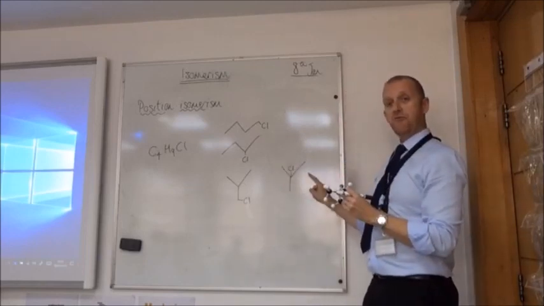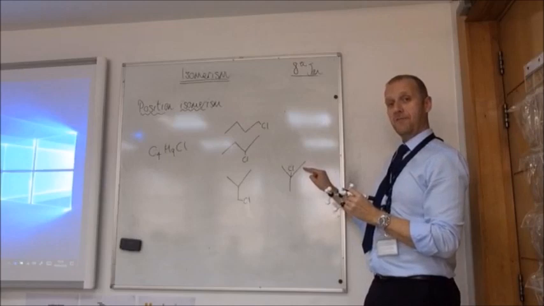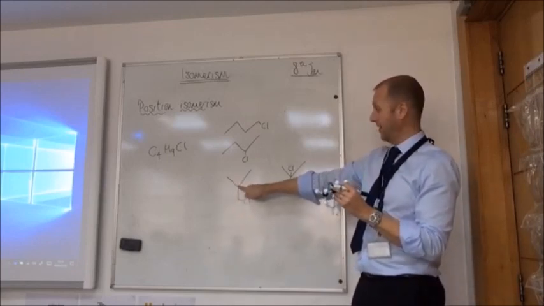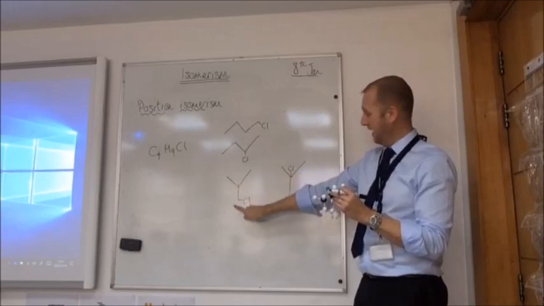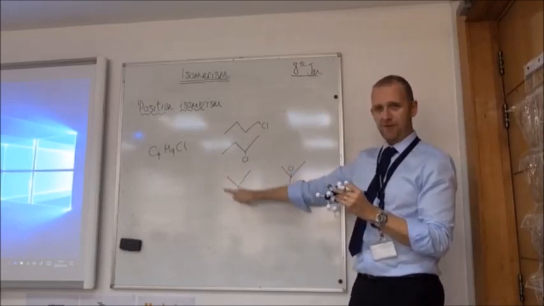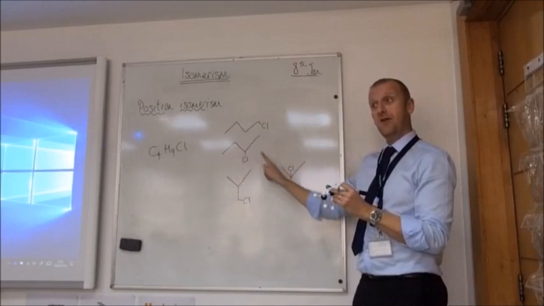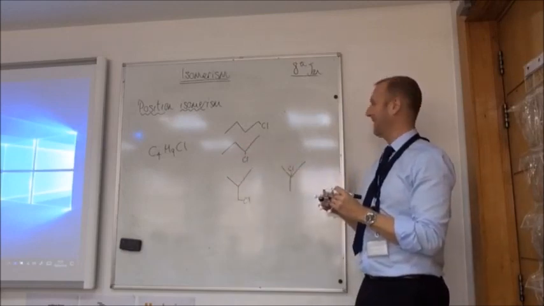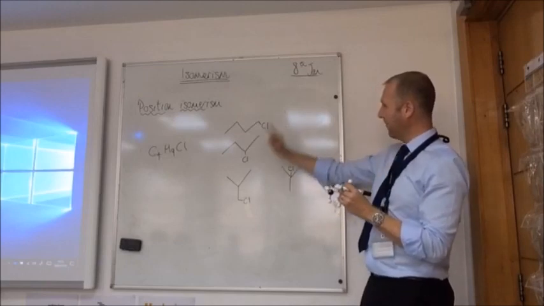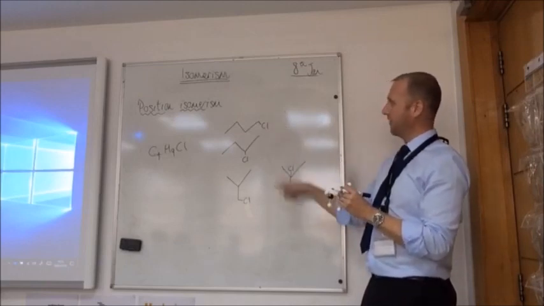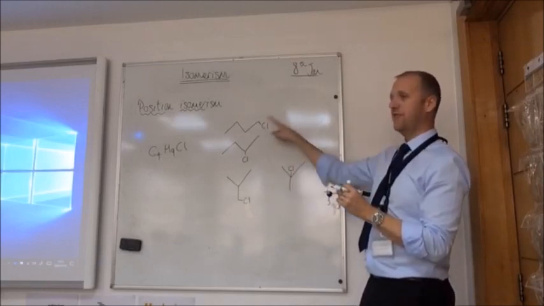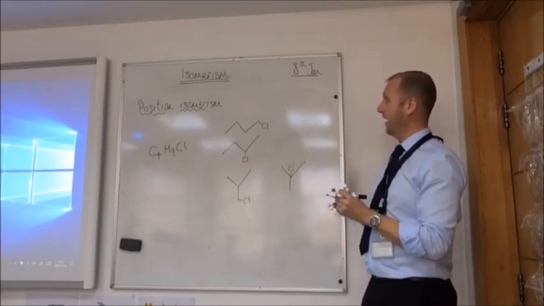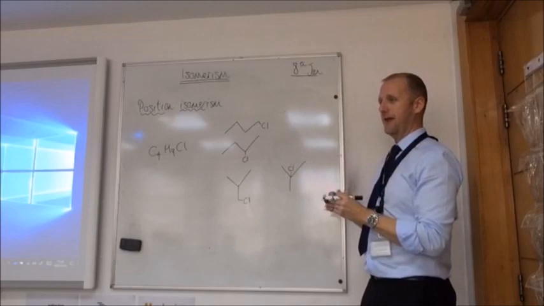Okay, like a little tree with a chlorine growing out of it. It's not, no, because it's on the middle carbon. Okay, this one is at the end of the branches, and the end of all the branches are exactly the same. We all right? Good. Okay. So 1, 2, 3, 4 different isomers where we can change the position and also the chain of C4. Okay, just with one chlorine atom.